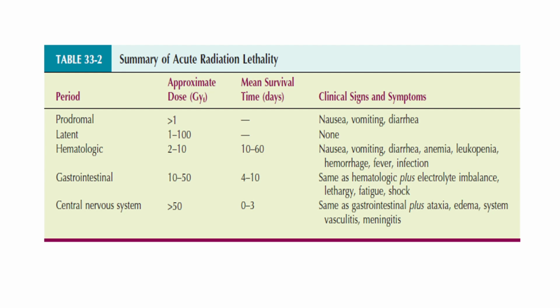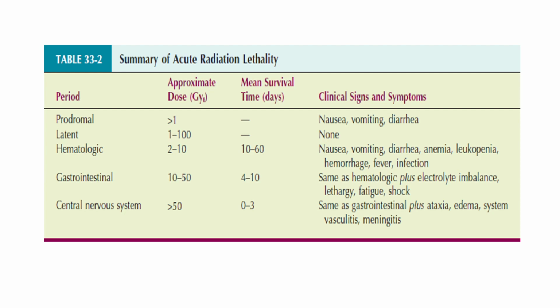Next is the hematologic syndrome or hematologic death. So 2 to 10 gray yung approximate dose, and mean survival time is 10 days to 60 days. So clinical signs and symptoms, nausea, vomiting, diarrhea, anemia, leukopenia, hemorrhage, fever, and infection.